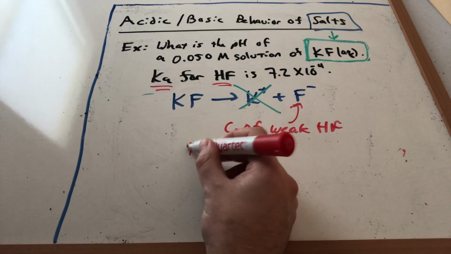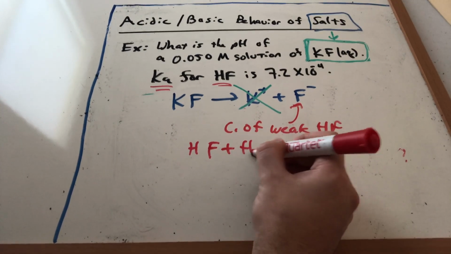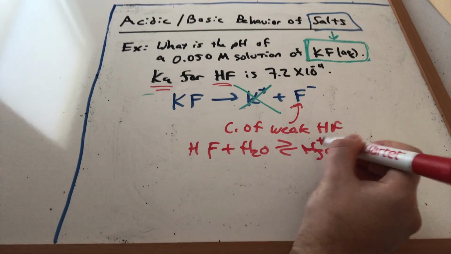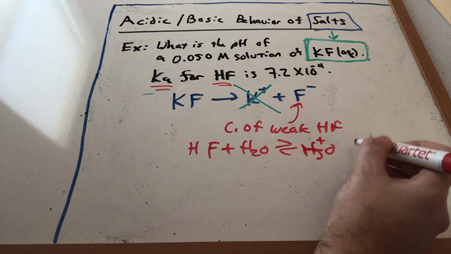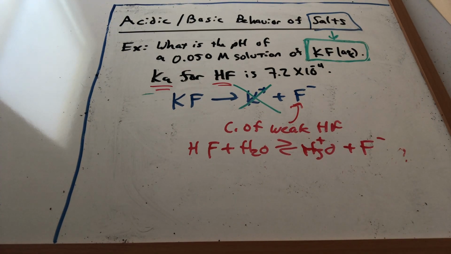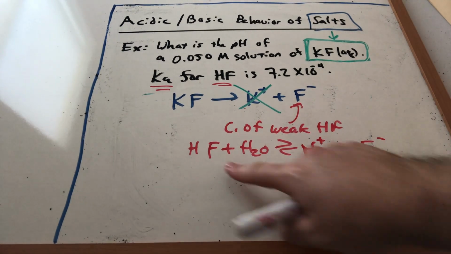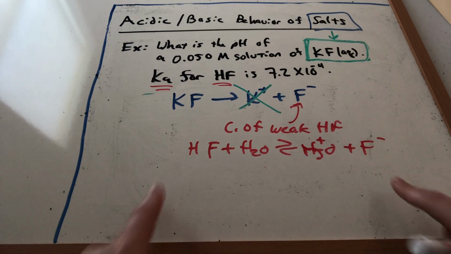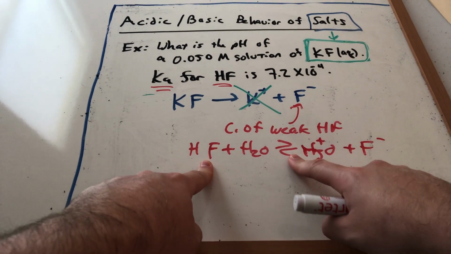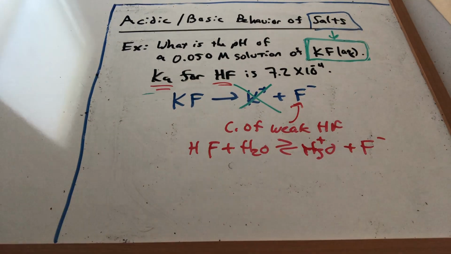If I do the reaction for HF real quick, just to remind you, let me clean this up a little bit. This is where you saw F minus show up. Does F minus act like a base in this reaction? Sure it does. It's the conjugate base of HF, and it's involved in this double arrow, so it can work things back this way.